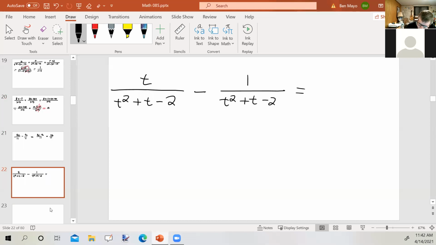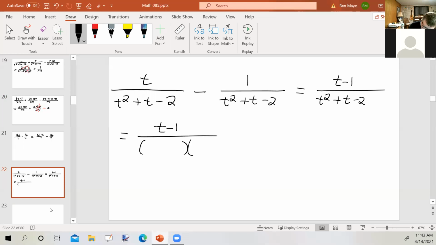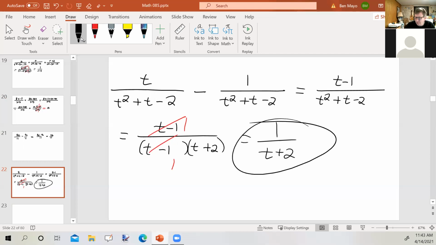So that would be t minus 1 over t squared plus t minus 2, which is going to be t minus 1 over t minus 1 times t plus 2, which reduces down to 1 over t plus 2.